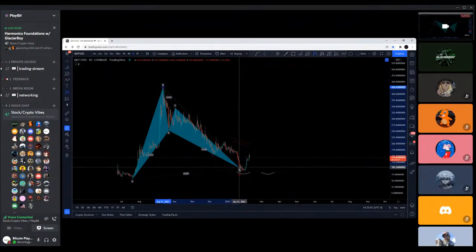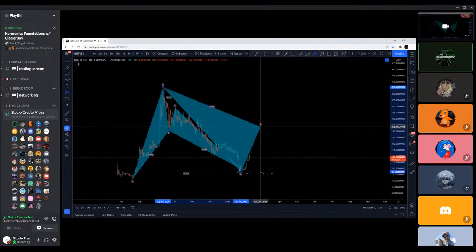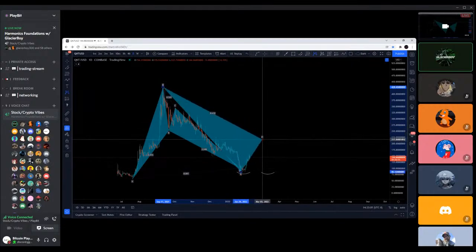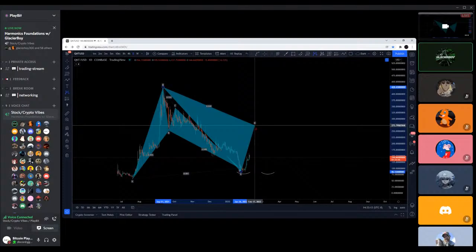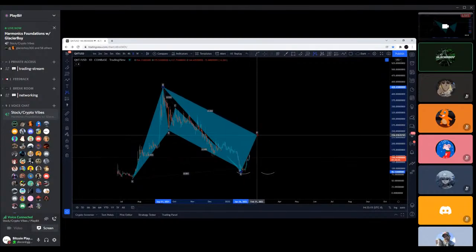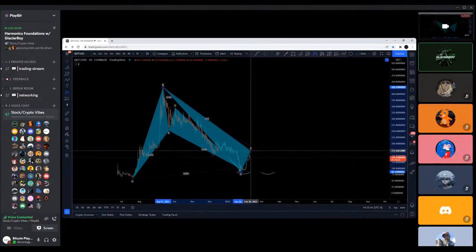X to A, let's get a 50% or even just a 38. I don't know. What's the minimum target you need for a retrace? Because a 23% is too shallow, if this is all you get.